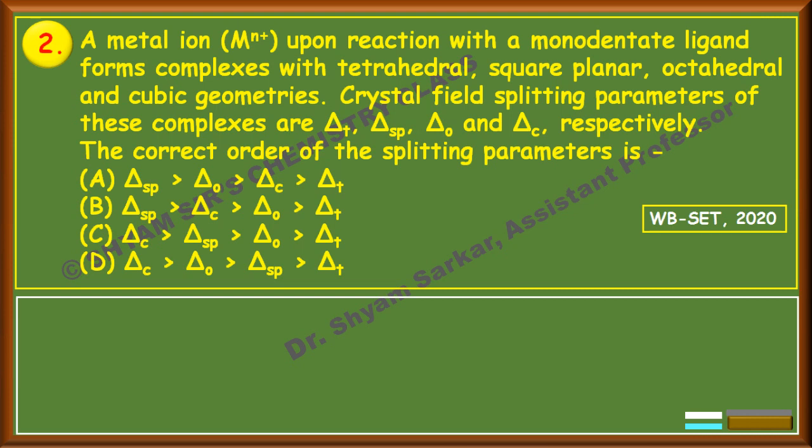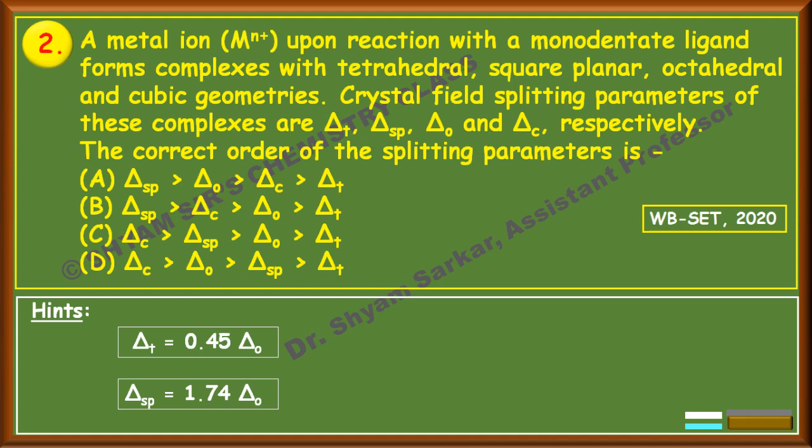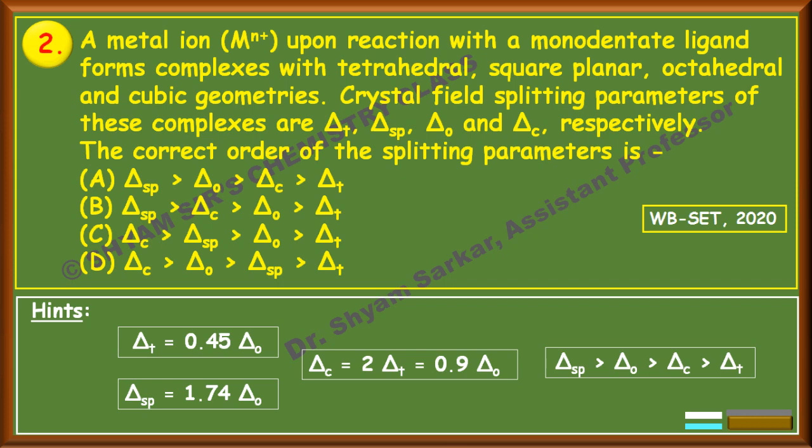First, we know that delta T equals 0.45 delta O. Also, delta SP equals 1.74 delta O. There is another relation for the cubic system: delta C equals 2 delta T, equals 0.9 delta O. Using these interrelations, we conclude that delta SP is greater than delta O, greater than delta C, greater than delta T. This order matches option A.